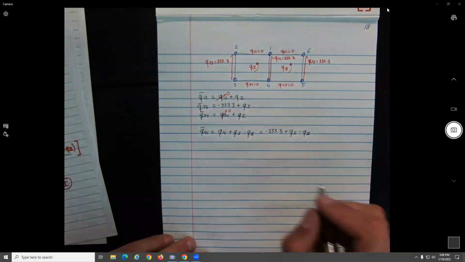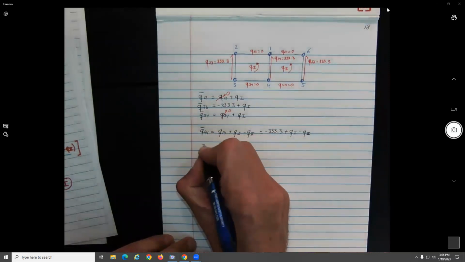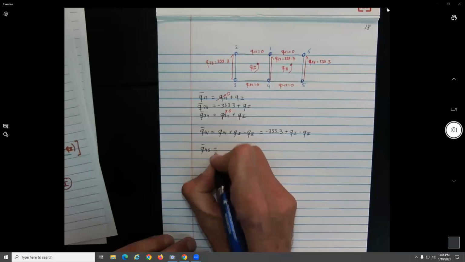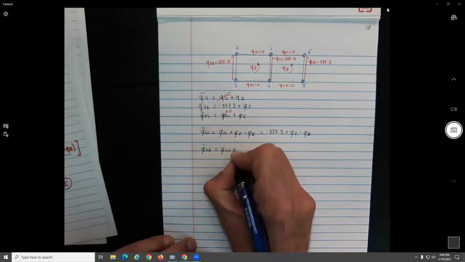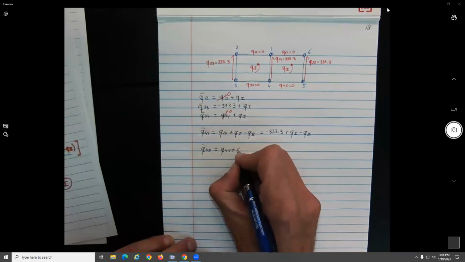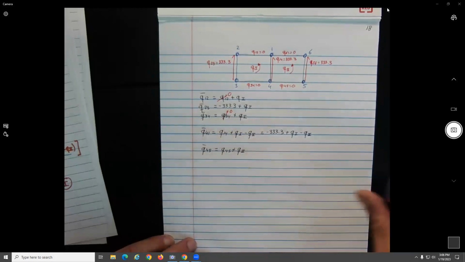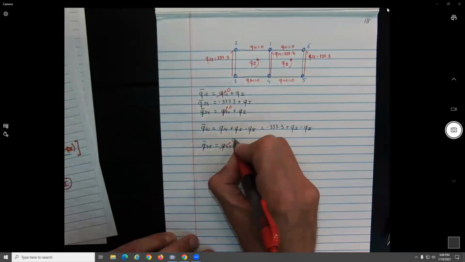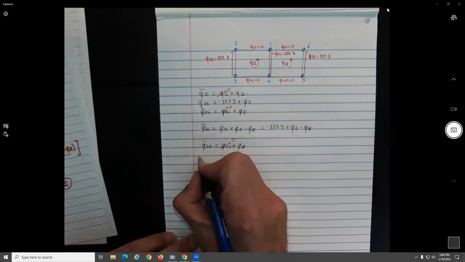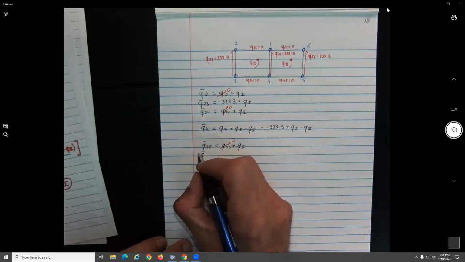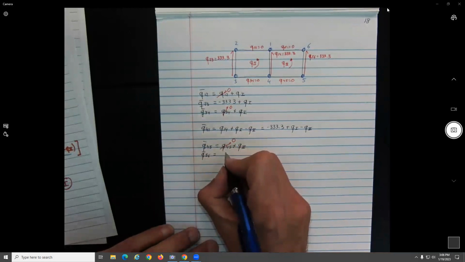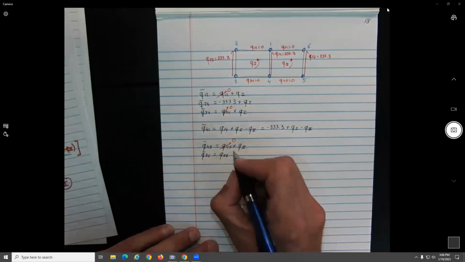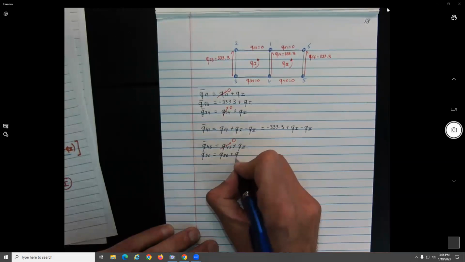Now the other one will be easy. Q bar 45 will be what? Q45, which we know is 0, plus what? Q2, perfect. Q bar 56 will be equal to Q56 plus Q2.